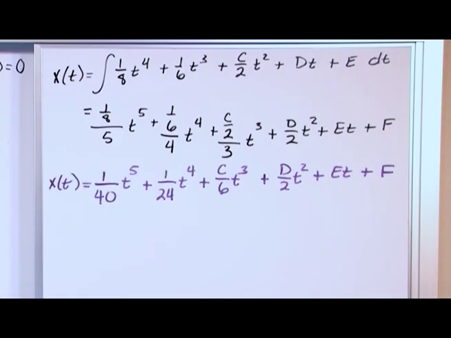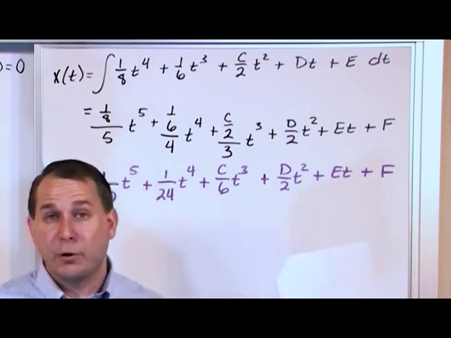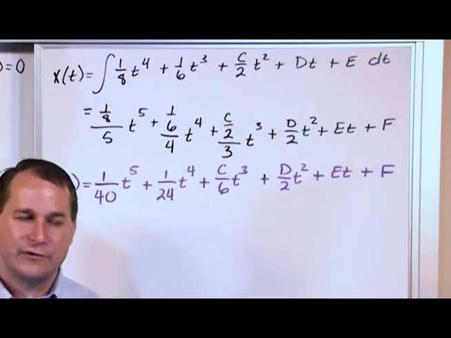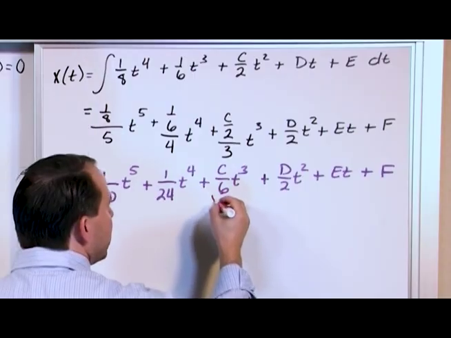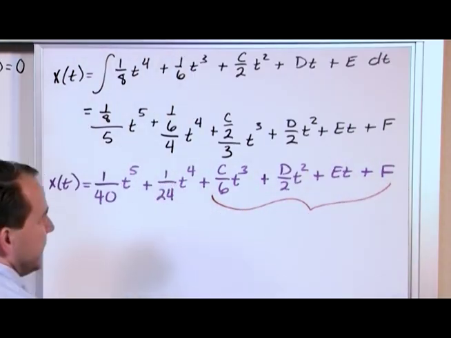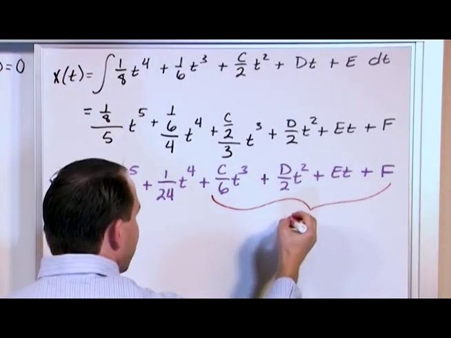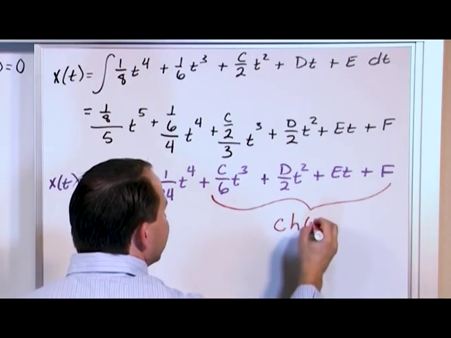But right now, let's just make sure we've got the right thing. We've got 1 over 40 t to the 5th plus 1 over 24 t to the 4th plus c over 6 t cubed, d over 2 t squared, e times t, and then f. Now, what do you think is going to be the homogeneous part of the solution and the particular part of the solution? The homogeneous part is going to be everything including all the constants, basically. So this is what we call c_h of t, and this is a shorthand.